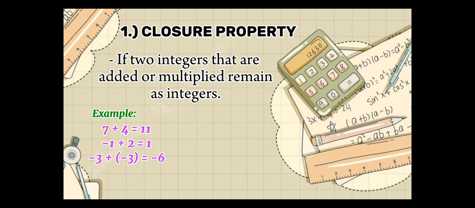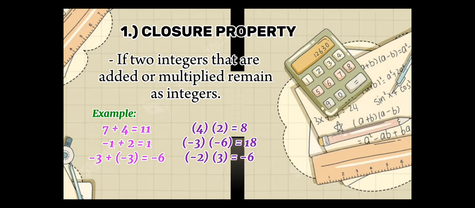Negative 3 plus negative 3 equals negative 6. And also, 4 times 2 equals 8. Negative 3 times negative 6 equals 18, and negative 2 times 3 equals negative 6. As you can see, all the answers in the examples are integers. It means it is a closure property.